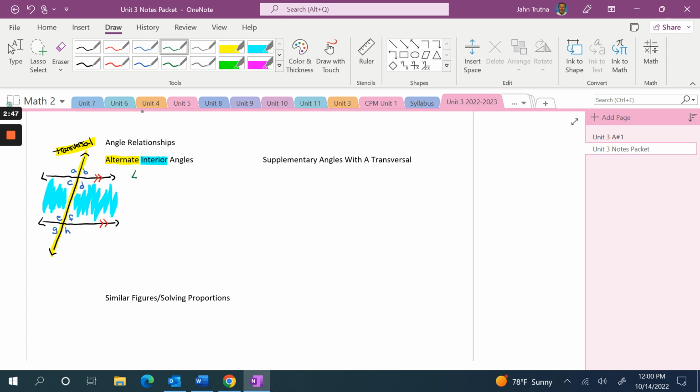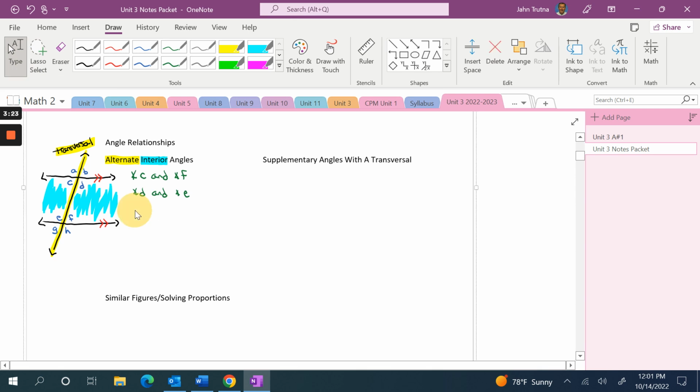An example would be angle C is an alternate interior angle with angle F. Okay, and another pair would be angle D, which you can see is on the right side of the transversal, would be an alternate interior pair of angles with angle E, which is on the left side of the transversal. Okay, so in this picture, alternate interior angles would be angle C and angle F, and angle D and angle E.